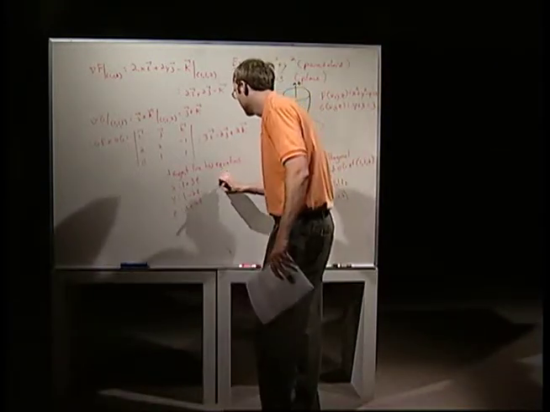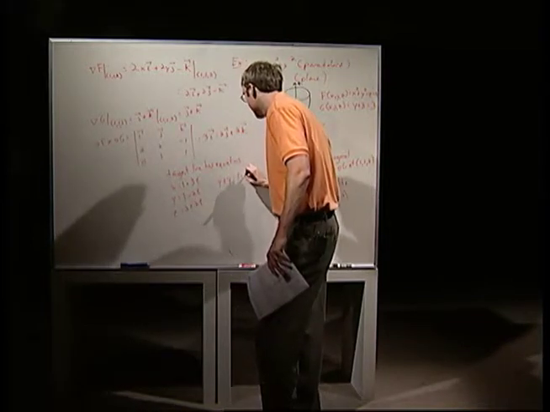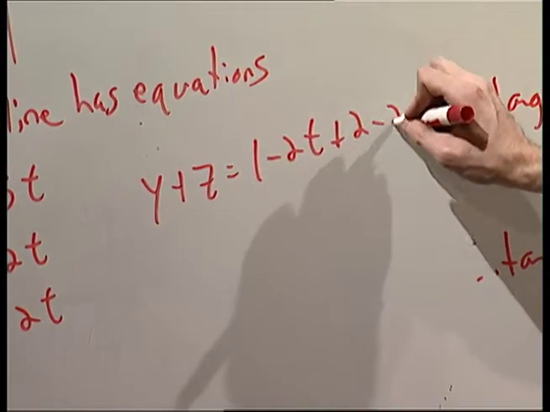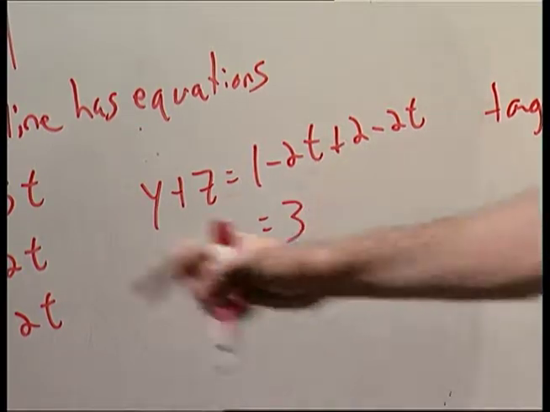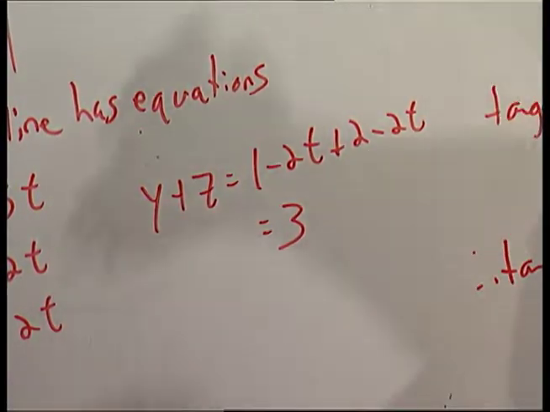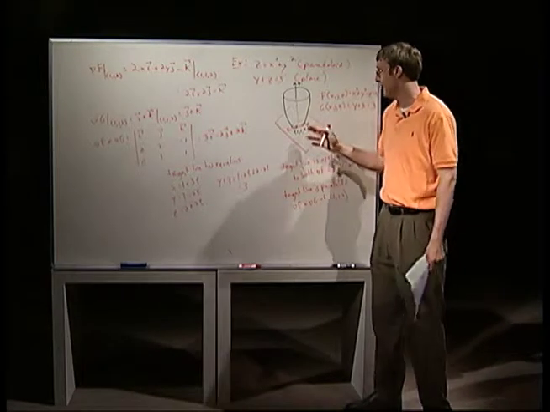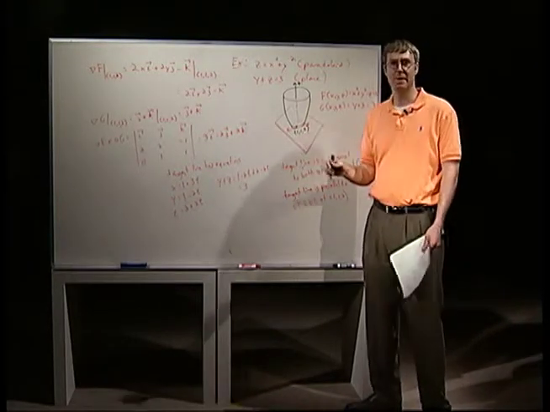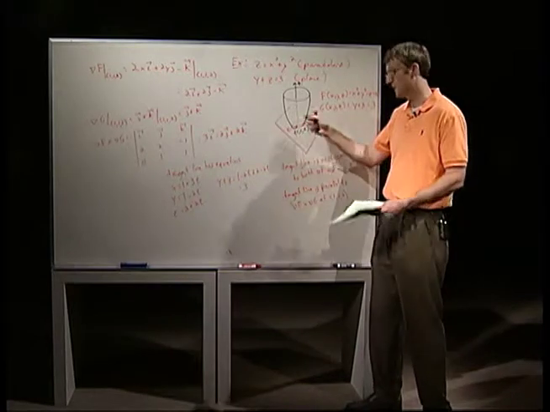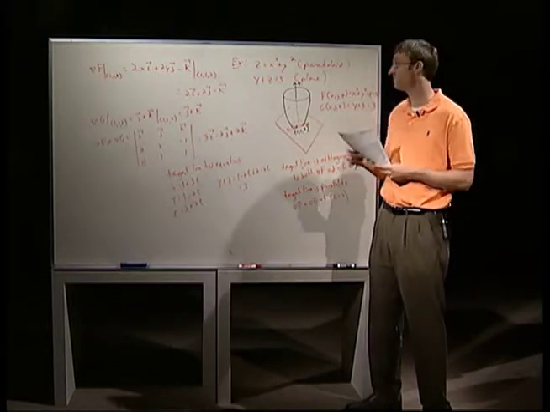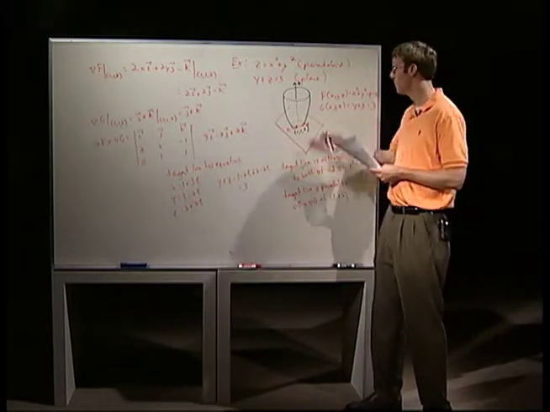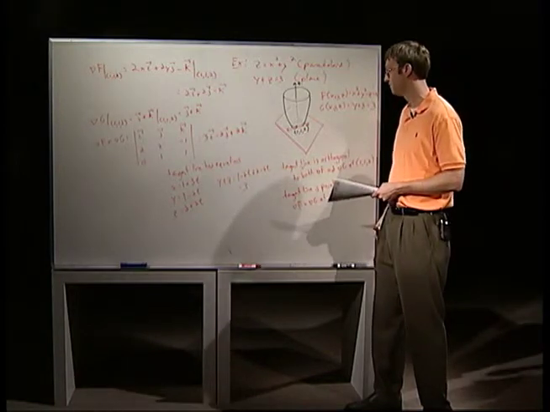So lo and behold, y plus z is 1 minus 2t plus 2 minus 2t, which is 3. This tangent line does lie in this plane. It should, right? Anybody that's tangent to an ellipse in the plane better lie in the plane itself. So the tangent line does lie in the plane. Okay, good. So that's that.